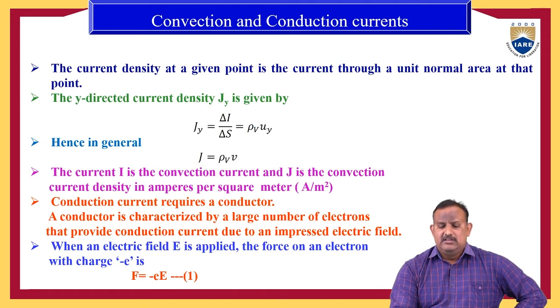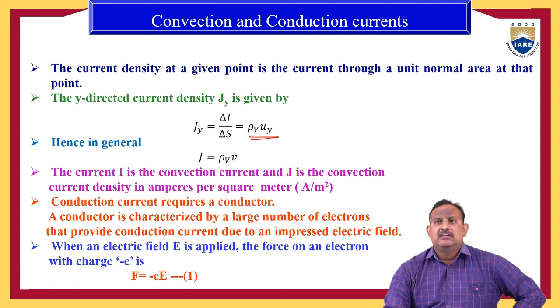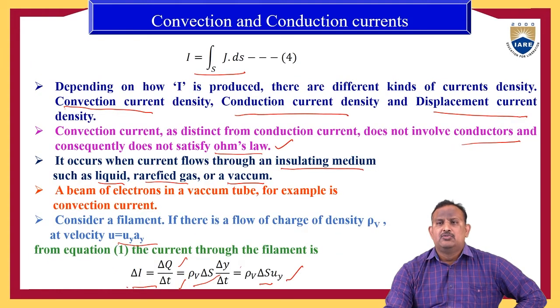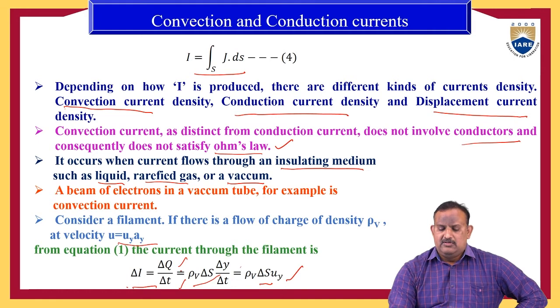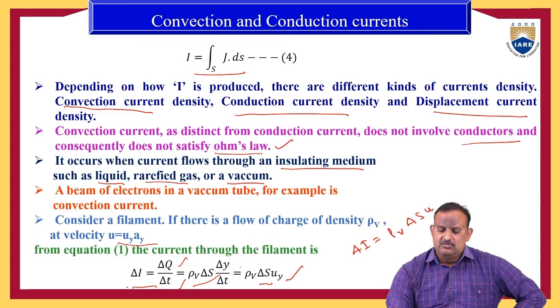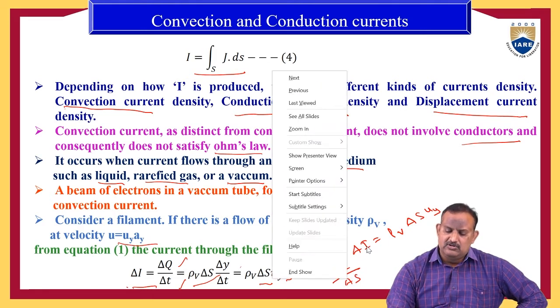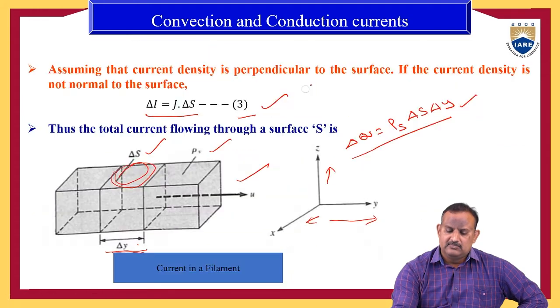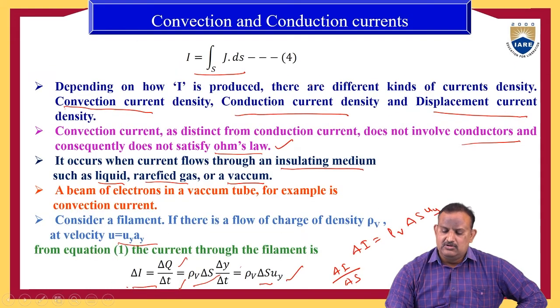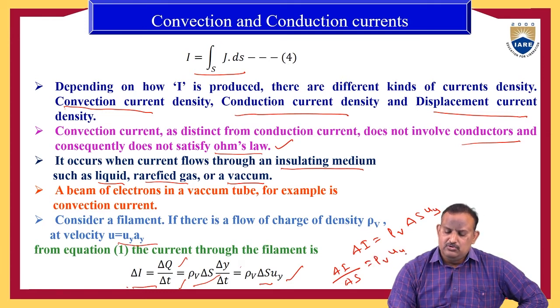Here we have delta I equal to rho V into delta S into Uy, so delta I by delta S is equal to rho V into Uy.